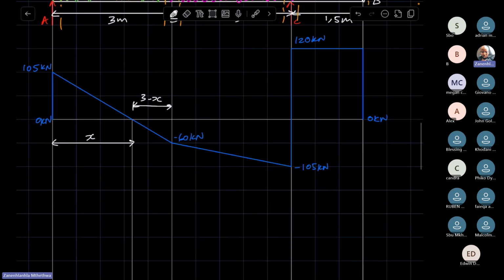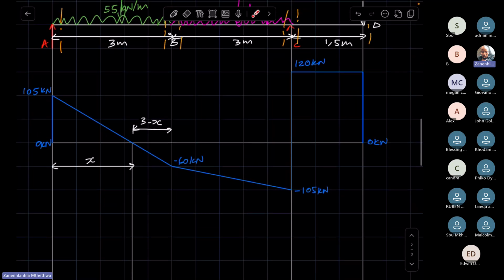Now, the easiest way of calculating that distance is by doing this. If you look at where you have the critical point within this entire span of the beam, as far as the shear force diagram, you essentially have two triangles. Do you see the two triangles?